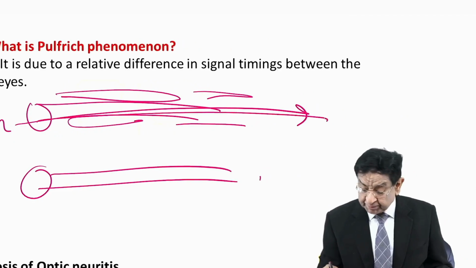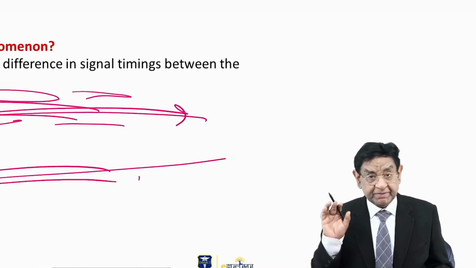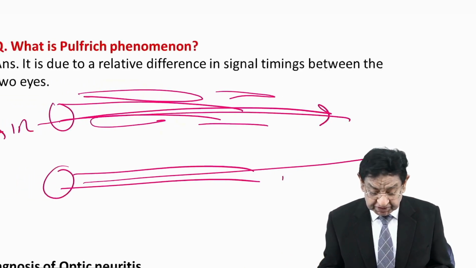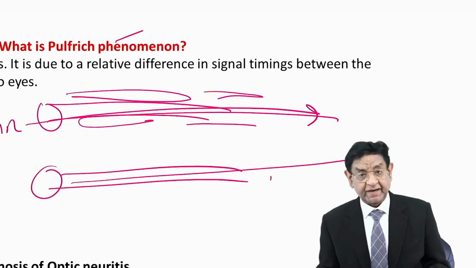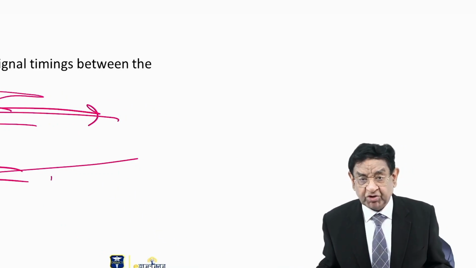This will show the picture of the chair very fast, and this will come slowly because the conduction velocity is slow. That means the person will get two images of one object. This is known as Pulfrich phenomenon. And there is a difference in the conduction velocity of the two eyes.